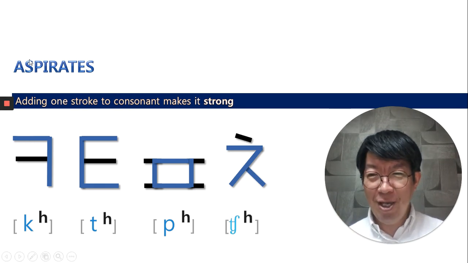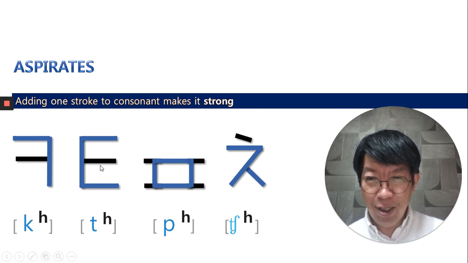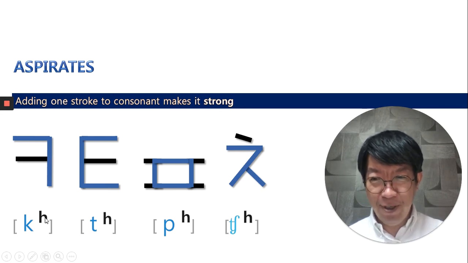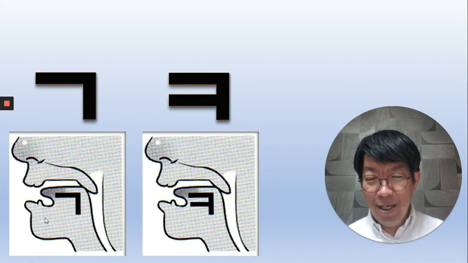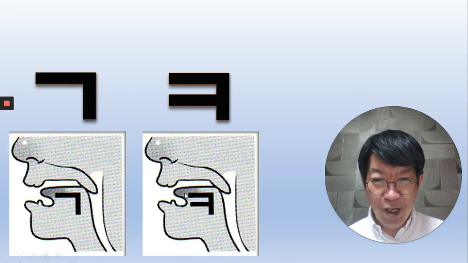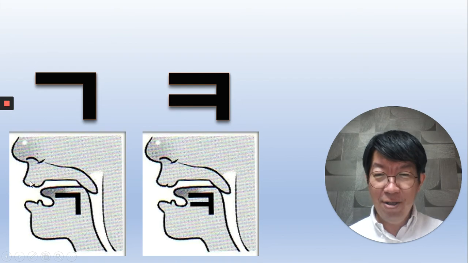Okay. So as you see, the black part is one more stroke that makes the consonant strong, because this black part in English is H, right? So let's see one by one. When you pronounce these two letters, as you see, the shape of the tongue is the same. Ga, ka. The difference is only this one more stroke.